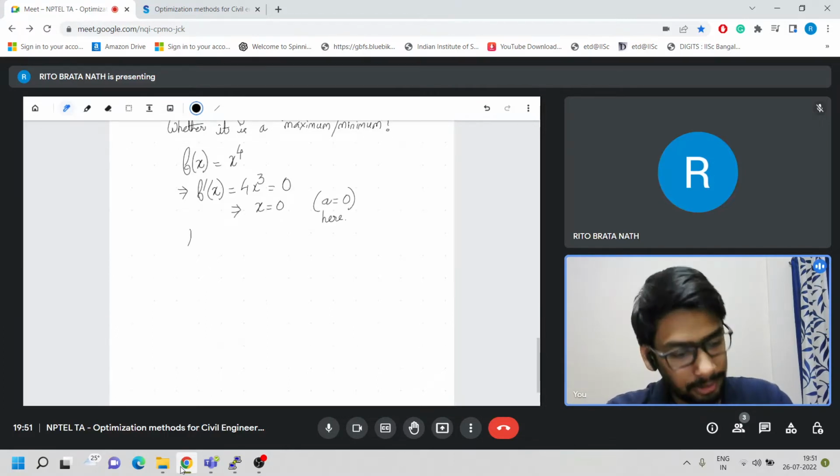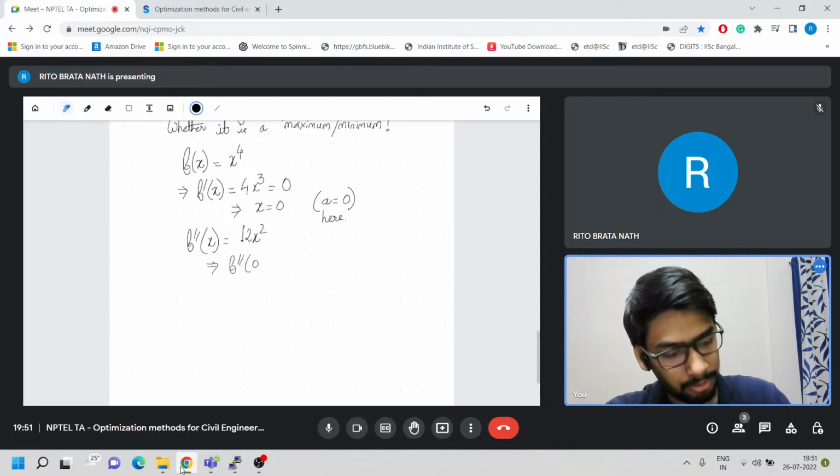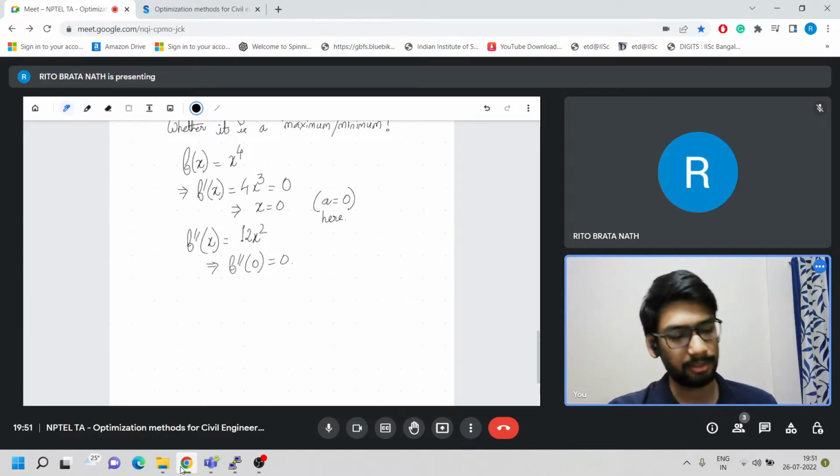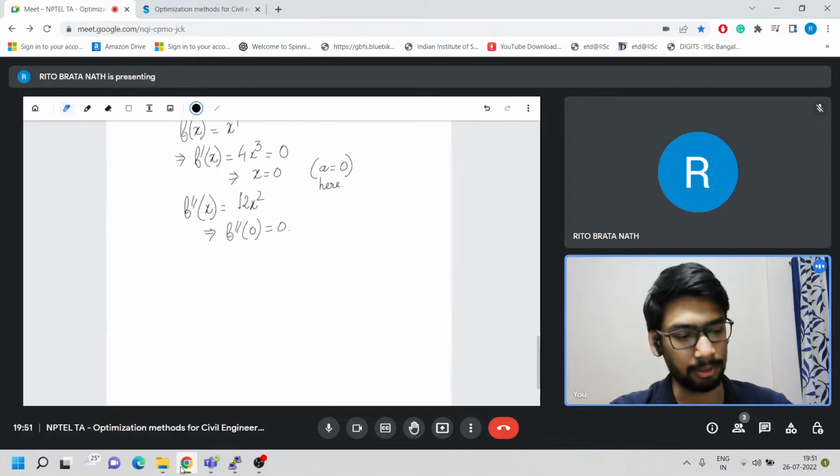Now take the second derivative. You will have 12x squared, so f double prime of 0 is also 0. So you cannot say anything about whether it's a maxima or a minima or anything else.